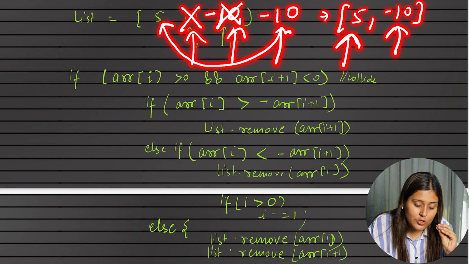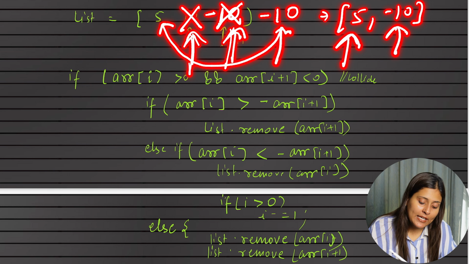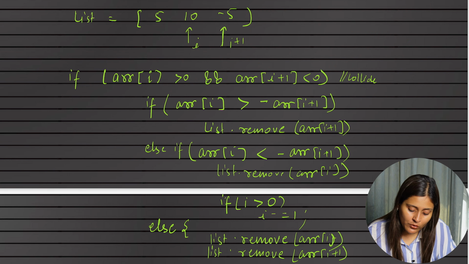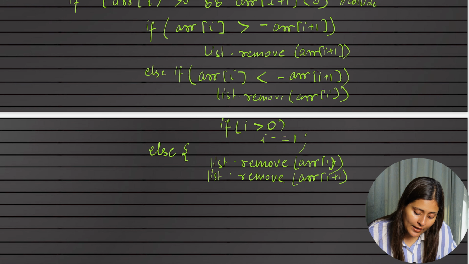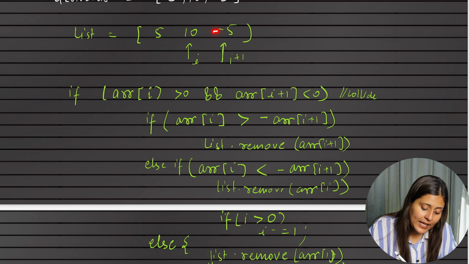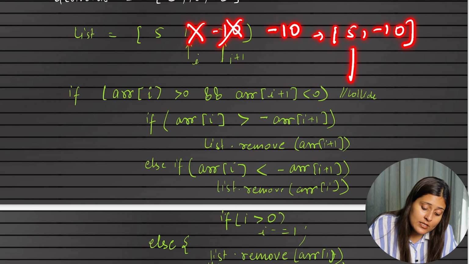Okay, so as I removed i and i plus 1, basically again I will check if I can do i minus 1, if that i is valid. After removal also, again I will check if my i is positive, then I would like to do minus equal to 1, because after removal of 10 and minus 10, suppose minus 10 is also here, the array will become 5 and minus 10, and now I want to compare these.